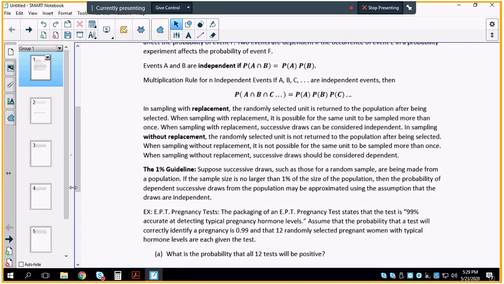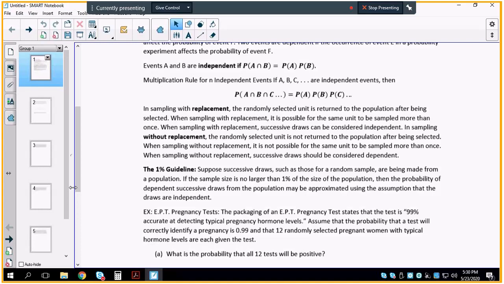If the number of things we are selecting is less than 1% of the entire population, then without loss of generality, we can think of the process of selection as an independent process of selection. Irrespective of whether we are doing the selection with or without replacement, we can calculate the probability assuming that it is an independent probability event.